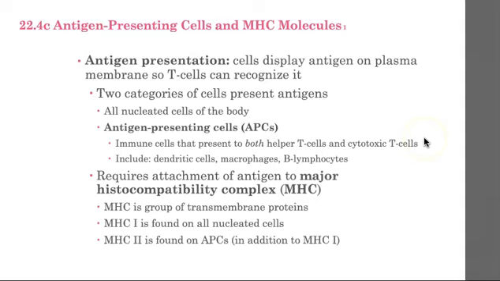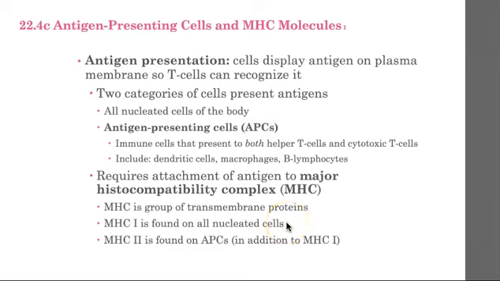So again, they are able to present the antigen, and they help to activate our helper T cells and our cytotoxic T cells. And so to help present this antigen, we need to produce a MHC molecule, or a major histocompatibility complex molecule, and place that antigen on it. So these are transmembrane proteins, and we'll see that visually on the next slide. We do have two different types that you need to know for this class. MHC1 is found on all of our nucleated cells.